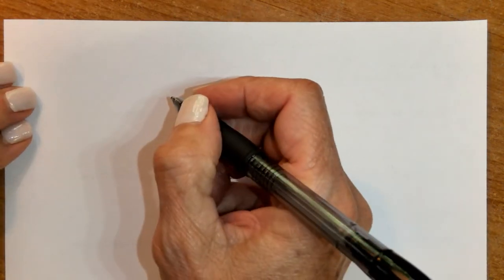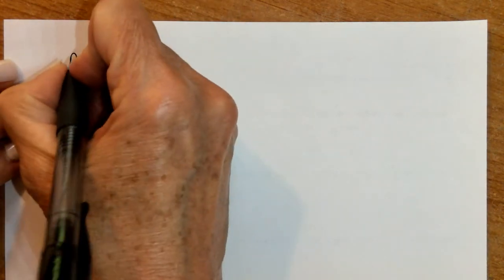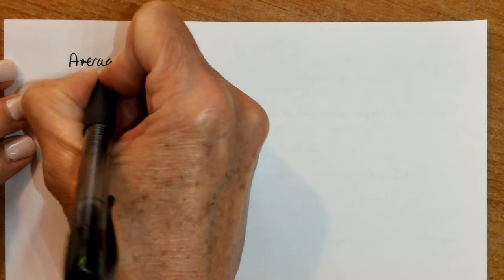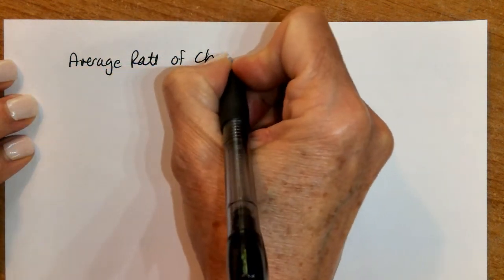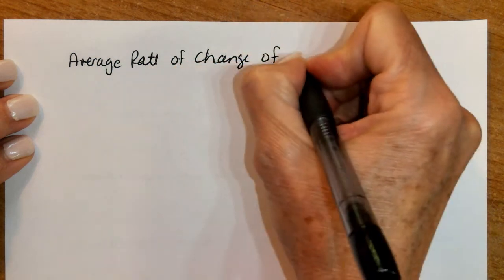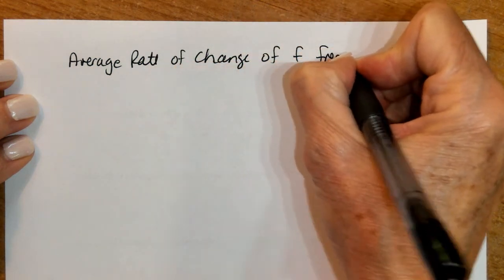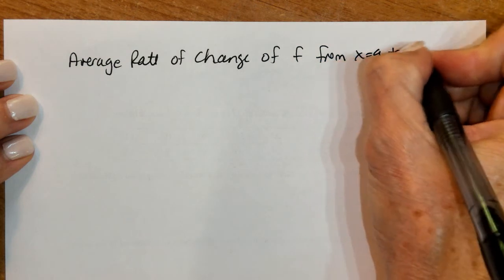Way back in Unit 1, we talked about the average rate of change of f from a to b.